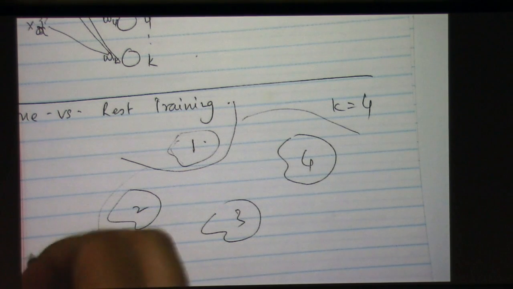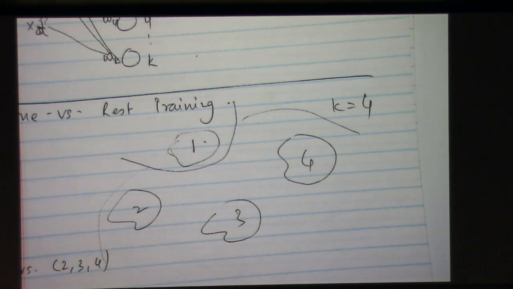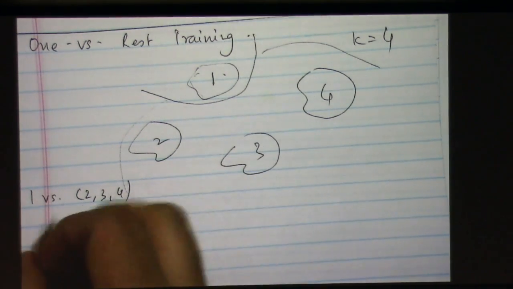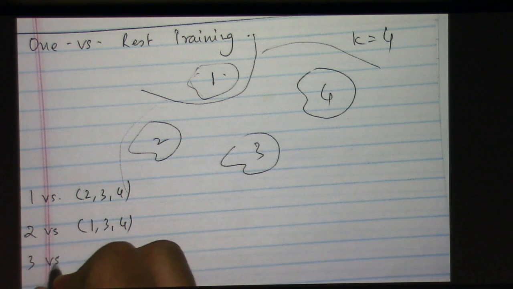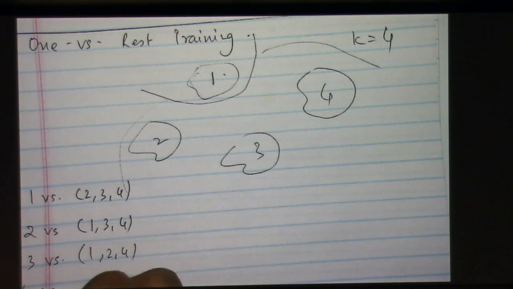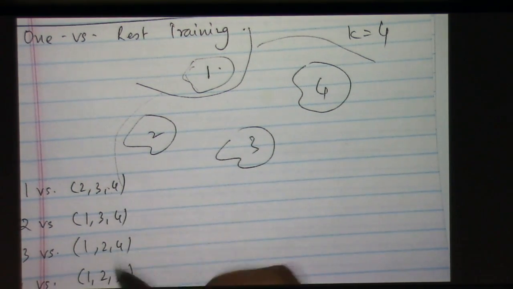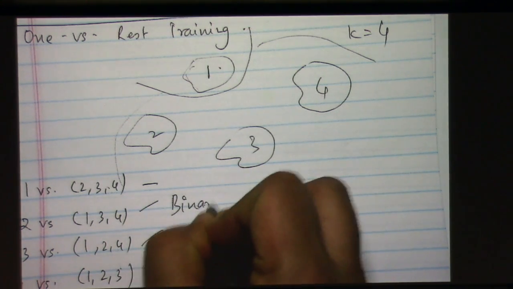So you'll get one classifier which does 1 versus 2, 3, 4. Then you train another one which is 2 versus 1, 3, 4, then 3 versus 1, 2, 4, and 4 versus 1, 2, 3. So you can learn these 4. These are all binary, and we know how to do these.